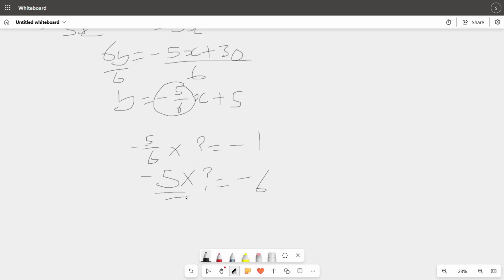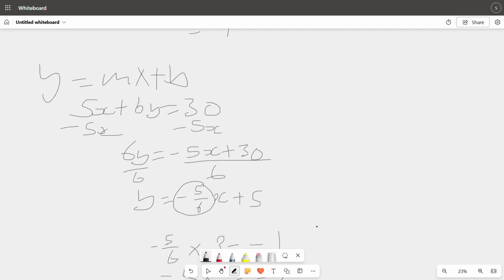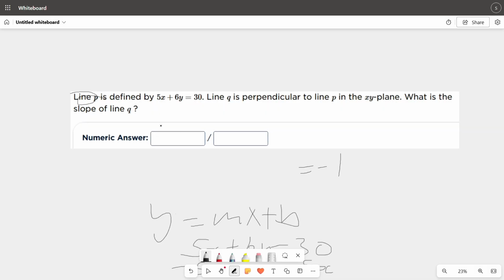Divided by minus 5, the question mark is equal to 6 over 5. So if we look at our answer choices, it would be 6, 5.